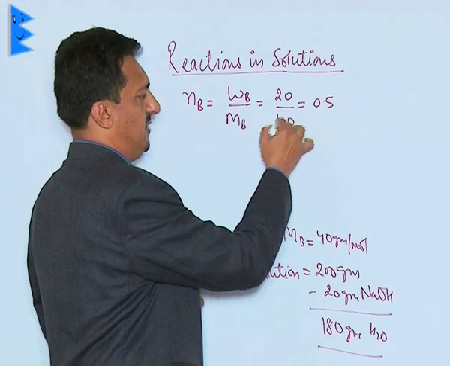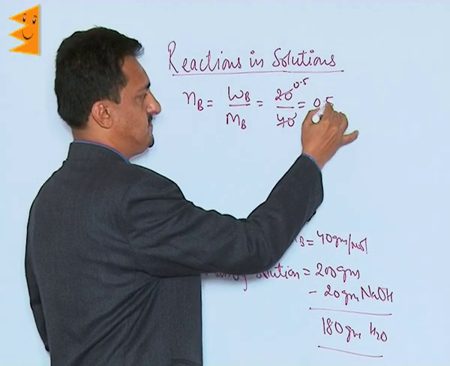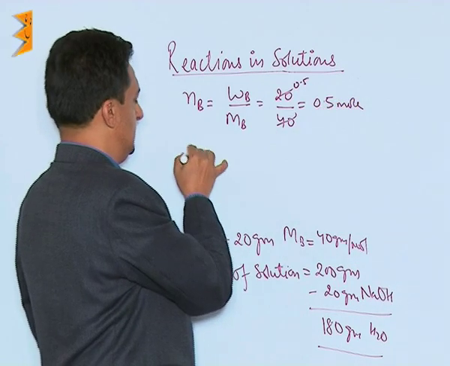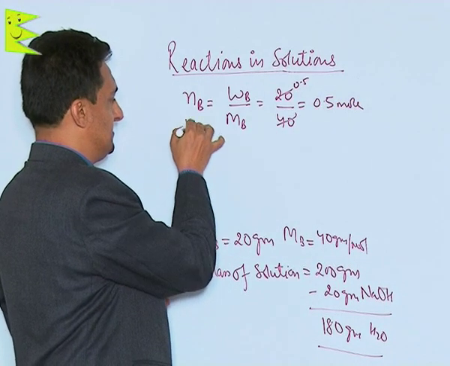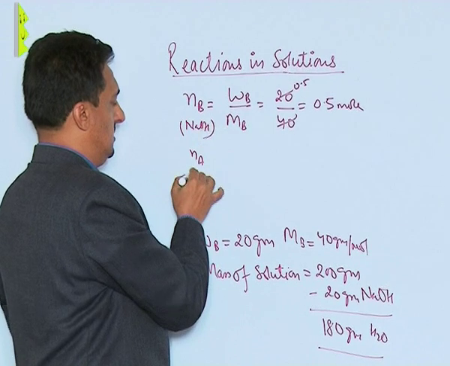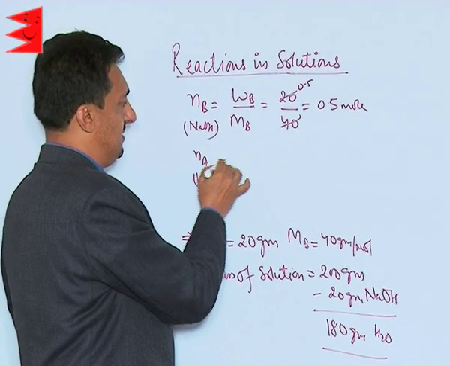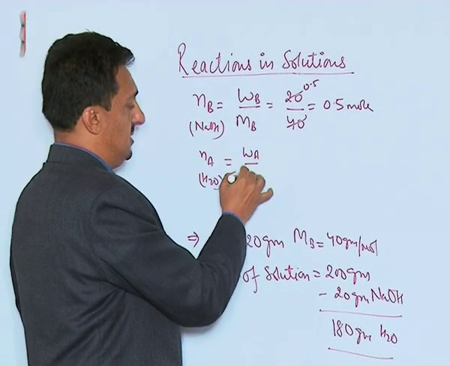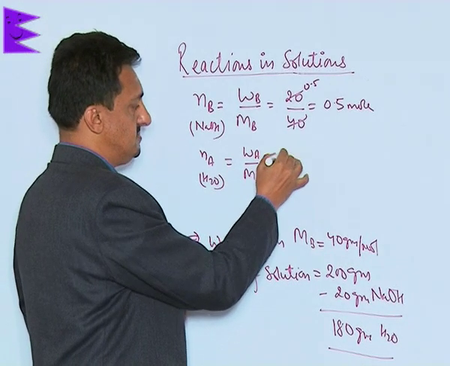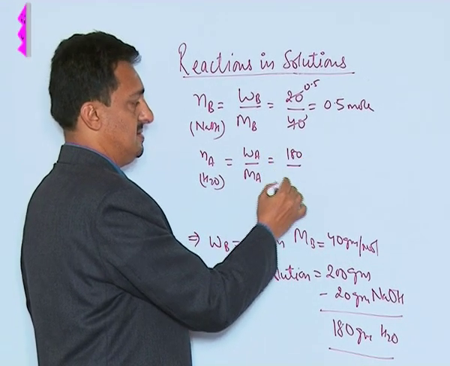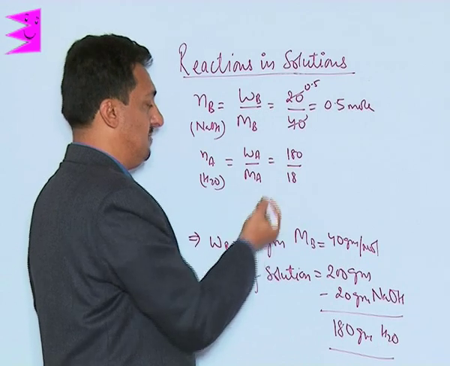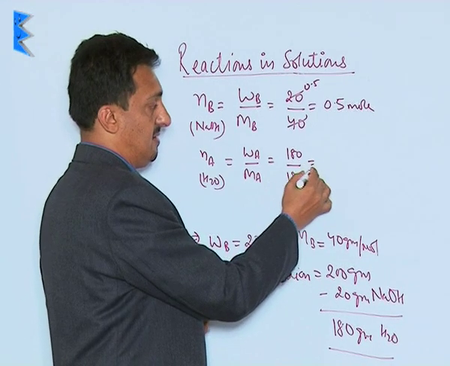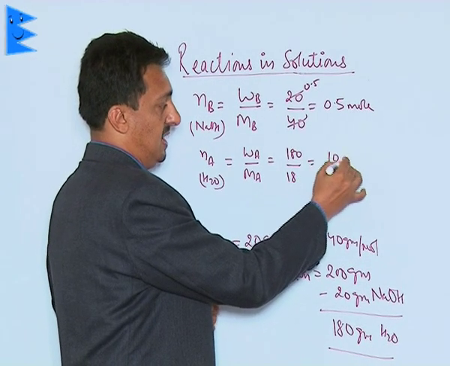So it will be 0.5. Similarly, the number of moles for water will be its mass upon its molar mass. It's 180 by 18 because water is 18 gram per mole. So it is 10 moles.